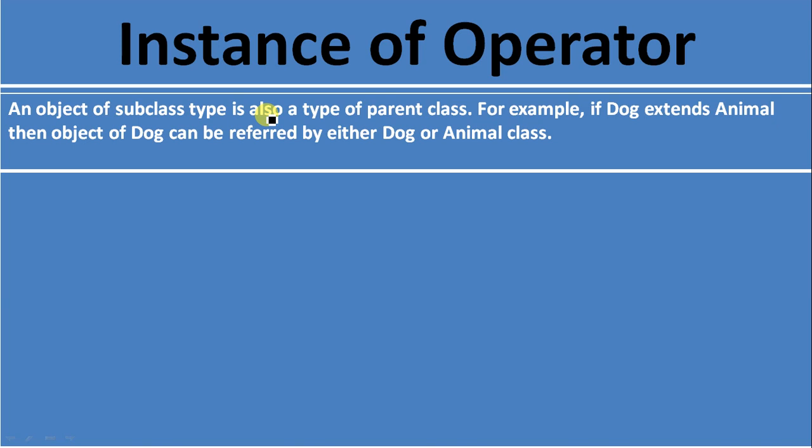Subclass or child class, both are the same. An object of subclass type is also a type of parent class. For example, if Dog extends Animal, then an object of Dog can be referred to by either the Dog or Animal class.